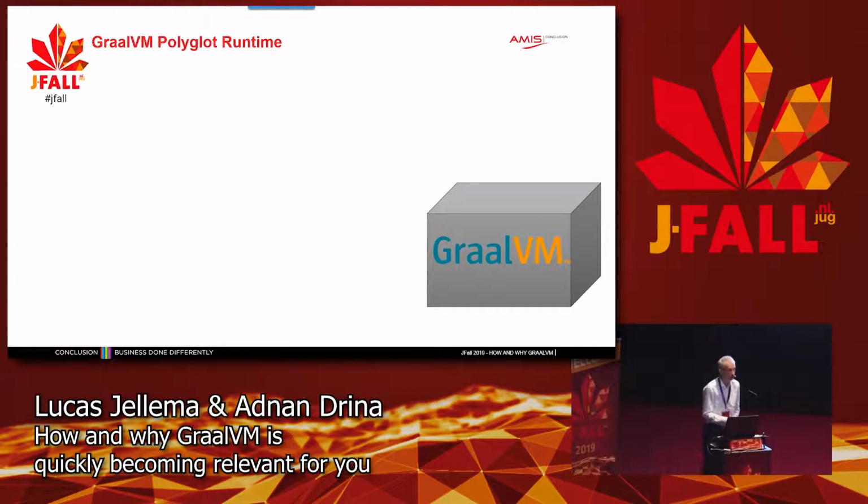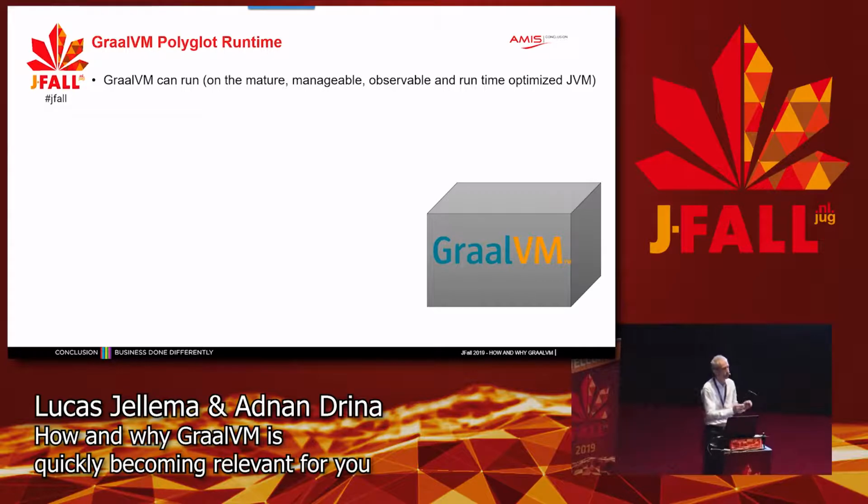And in which way is it polyglot? Well, it can run applications written in all kinds of computer languages on the same JVM infrastructure that we use for Java applications, with all the benefits of that very mature infrastructure.